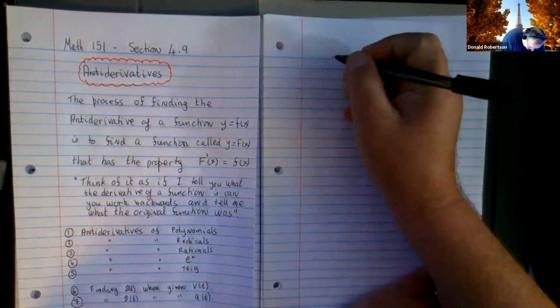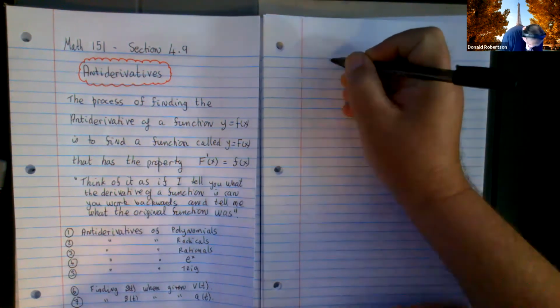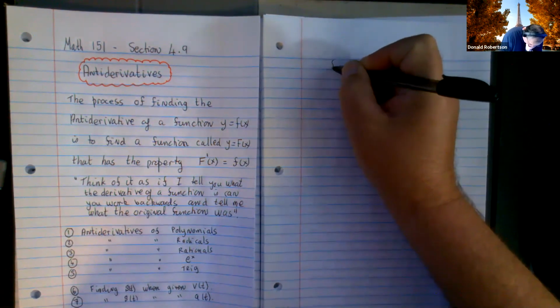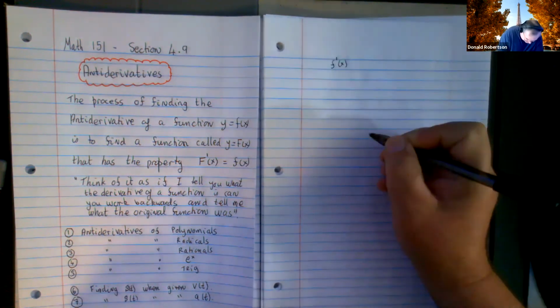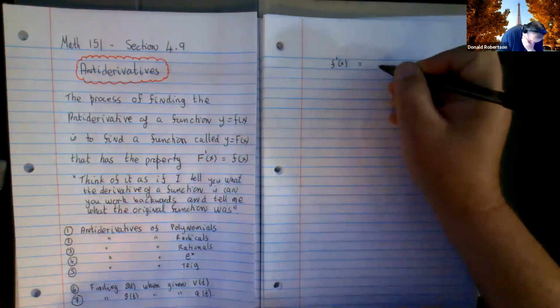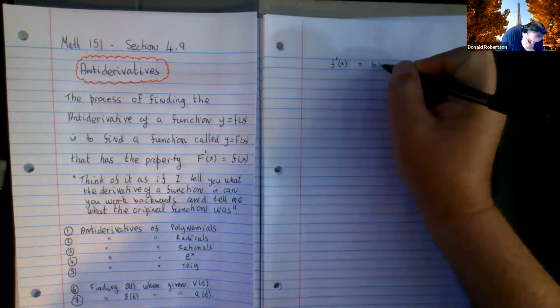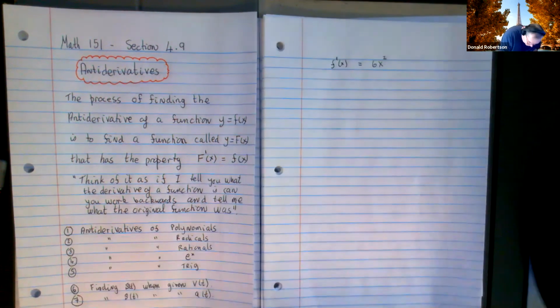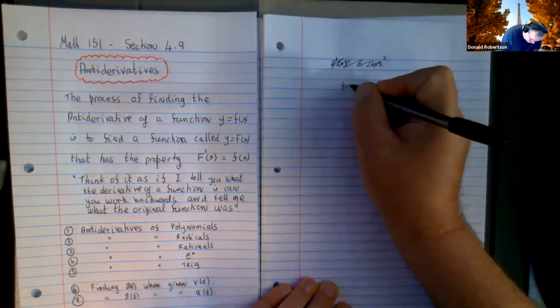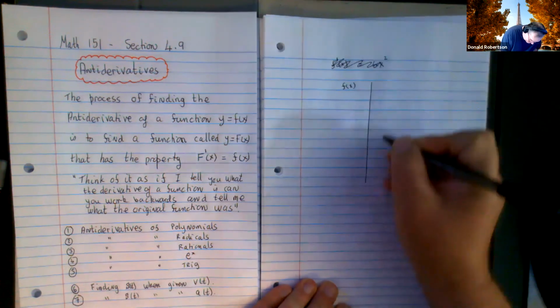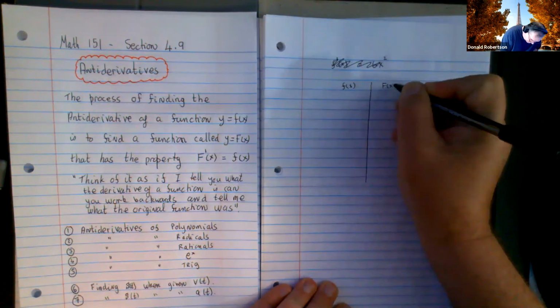So let me work it like this. Suppose I tell you that the derivative of a function was 6x squared. Well, in fact, let me change the notation. I'm going to put the function here and its antiderivative here.